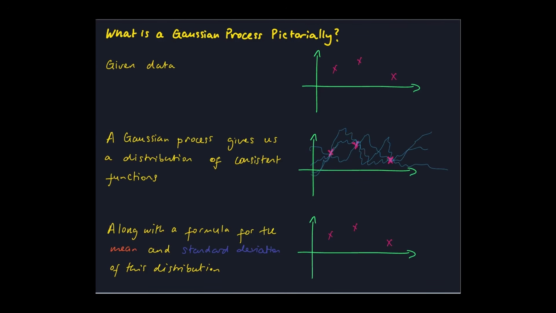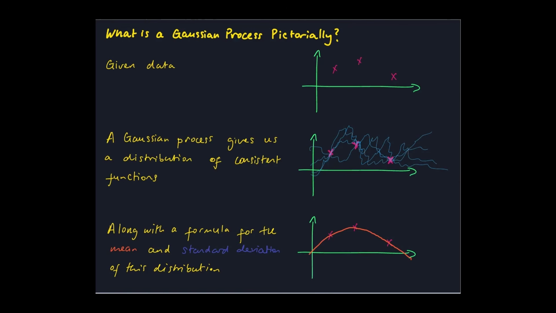Notice that all the functions go through the data, but they're random away from the data. Given that random function, you can ask a couple of questions. One is, what does the mean look like? It's reasonable that the mean might be a lot smoother than all the random squiggly functions.